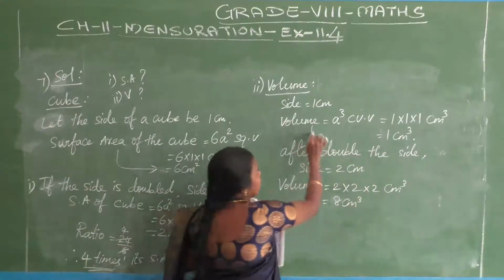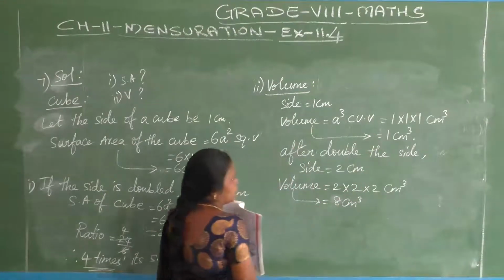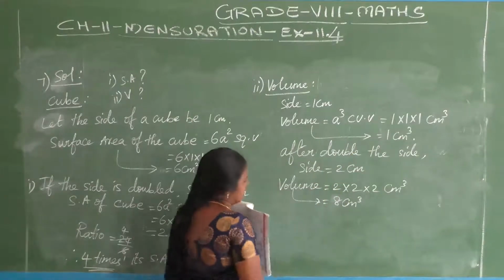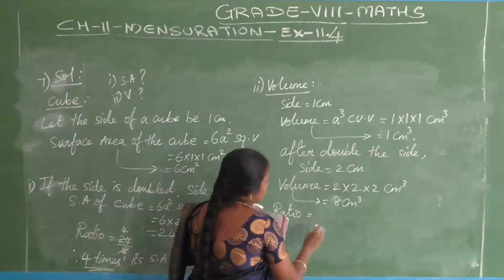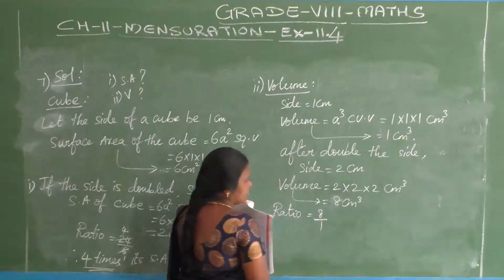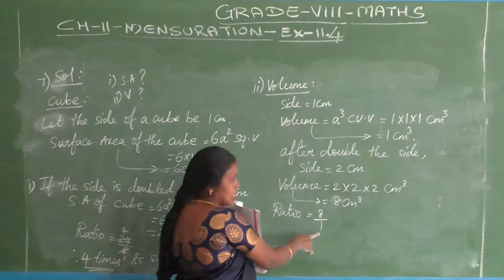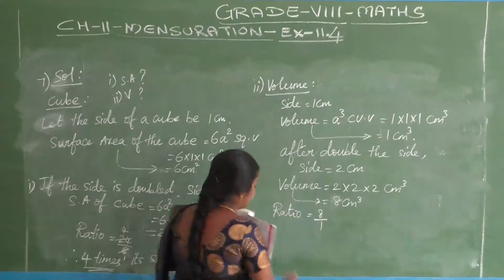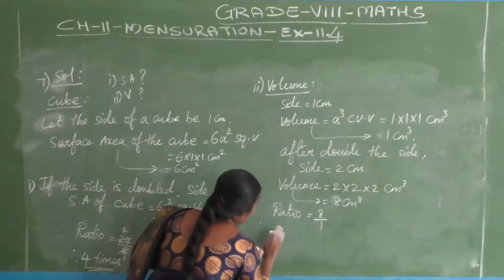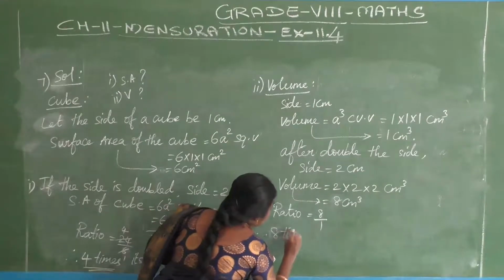Compare the original volume and doubled volume, 1 and 8. So what is its ratio? Ratio of doubled and original is 8 by 1. That means comparing the original volume of the cube, now it is 8 times greater. Understood or not?